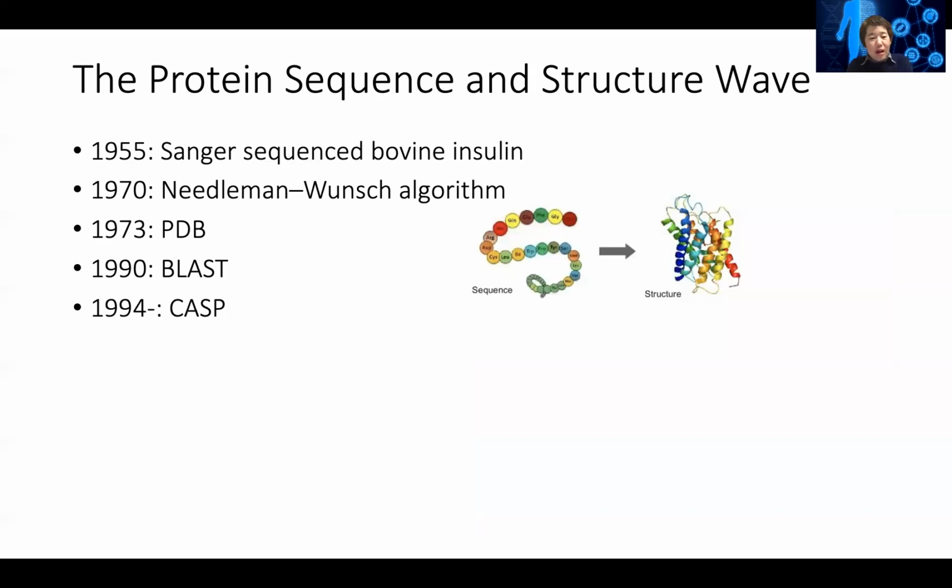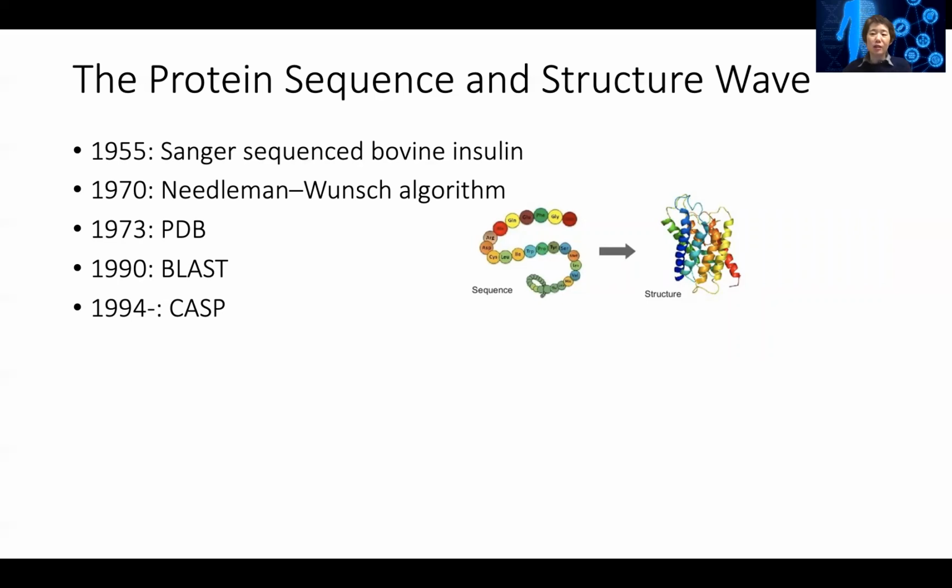Also, around 1994, people started predicting protein structures. As we mentioned before, if two proteins have similar sequences, they might have similar structure and also similar function. And it seems that once the protein sequence is known, usually the structure is set.